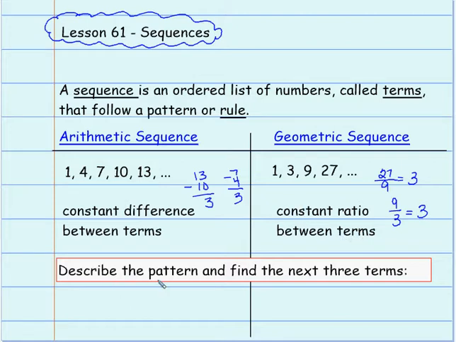So you will be asked to describe the pattern and find the next three terms in a lot of the problems. So in this arithmetic sequence, you would say that you would add 3 to find the next term.